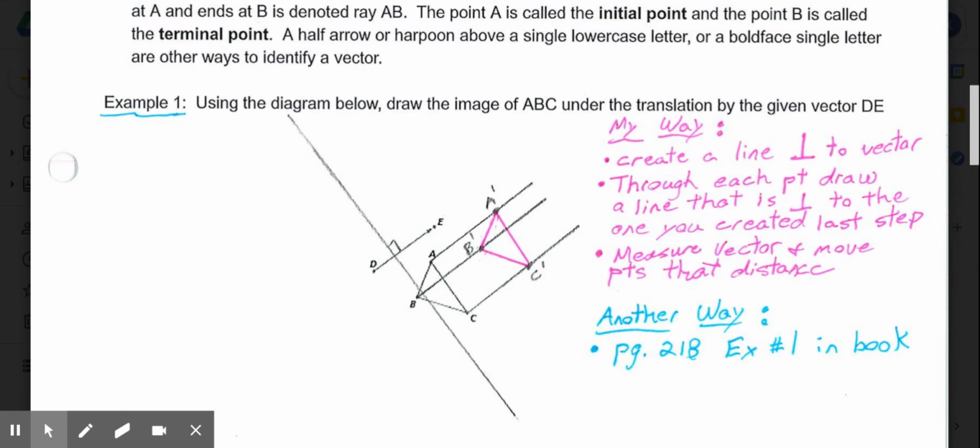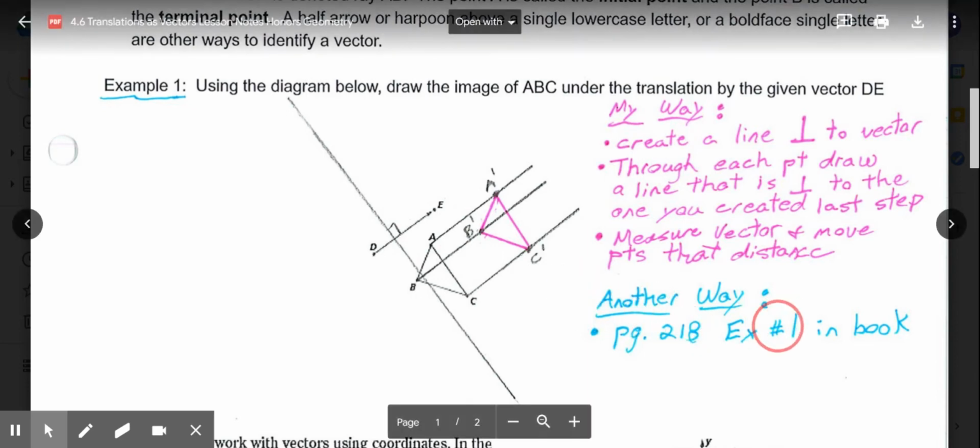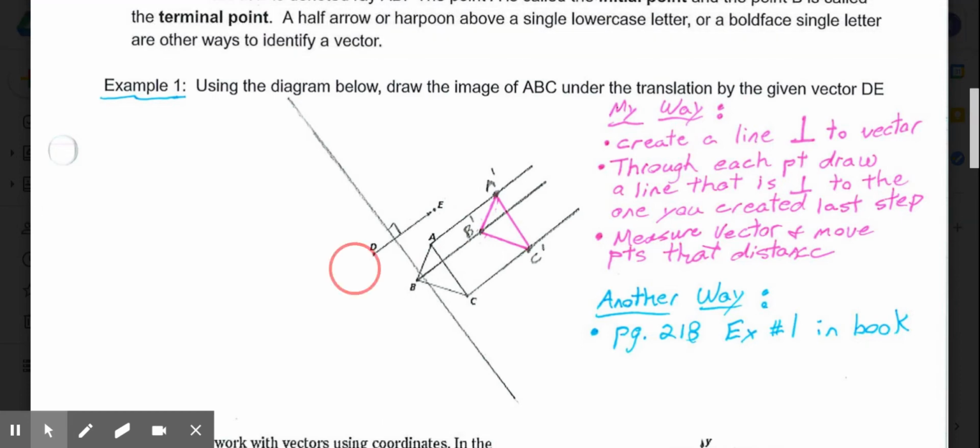The book explains it one way, perfectly fine to do that, although I think my way is a lot easier and more streamlined with less of a mess. So if you want to explore the book's way, it's on page 218, exercise 1. You can see their process. I'm going to teach you how to do the translation of the vector my way.